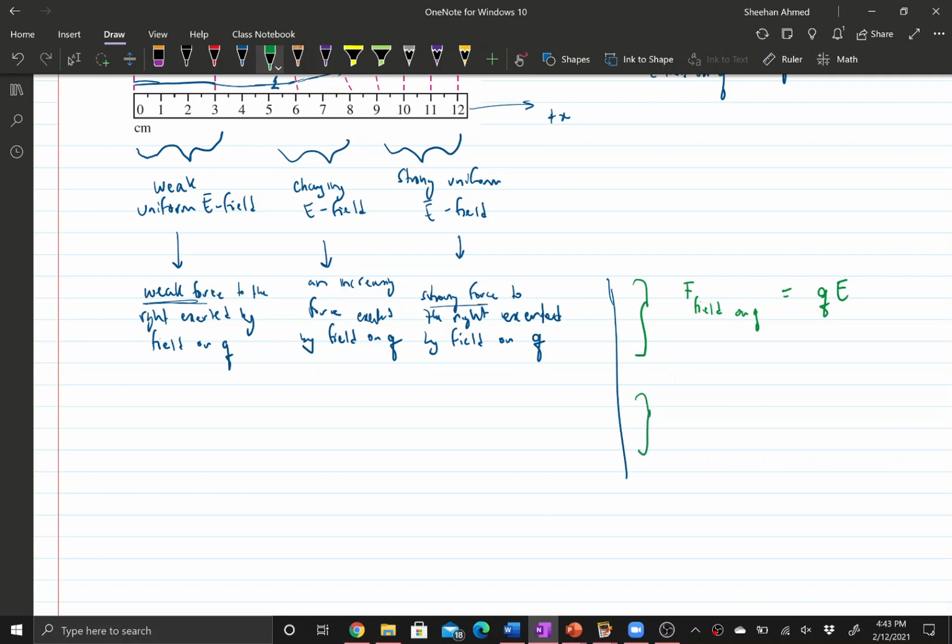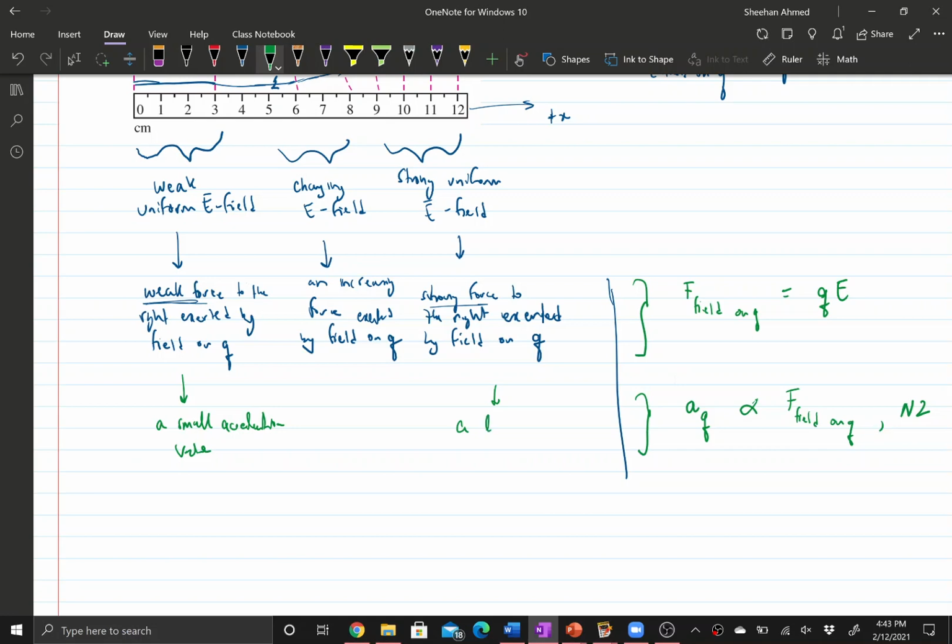My next thing I can do is the acceleration of Q is proportional to the force that the field exerts on Q. This is Newton's second law, right? Acceleration is proportional to force as long as mass stays constant. Well, that means I can now make these arguments. A small acceleration value.